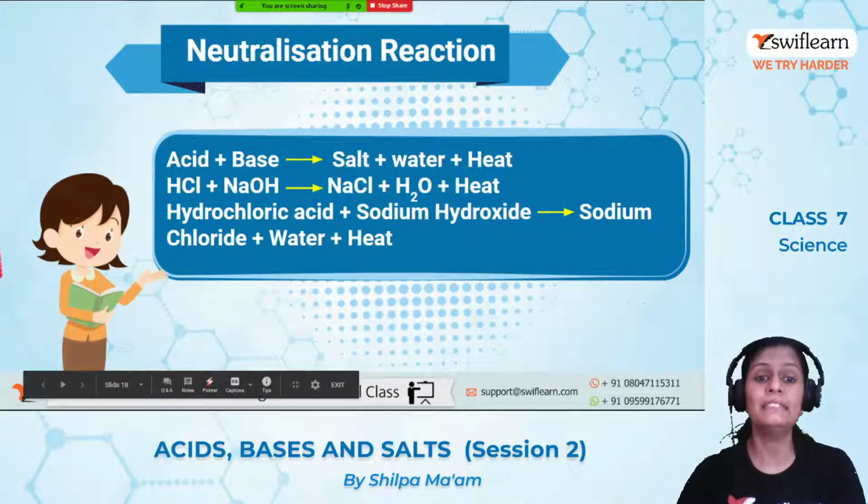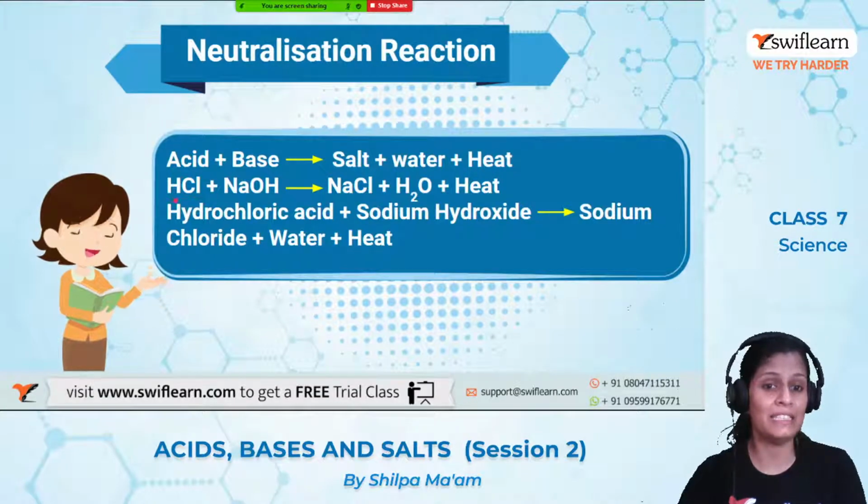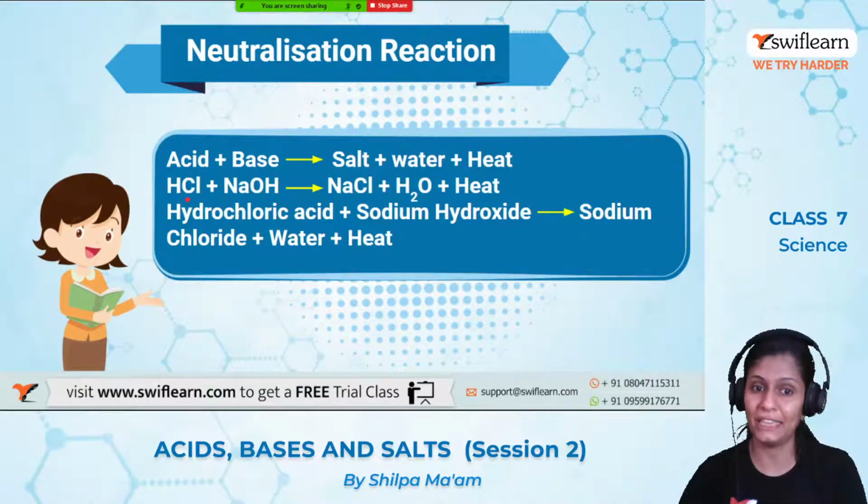Now, this is the complete gist of the neutralization reaction in terms of a chemical equation. Acid and base combine to form salt and water, and heat is also released. Whenever HCl is combining with NaOH, HCl is hydrochloric acid and NaOH is sodium hydroxide.